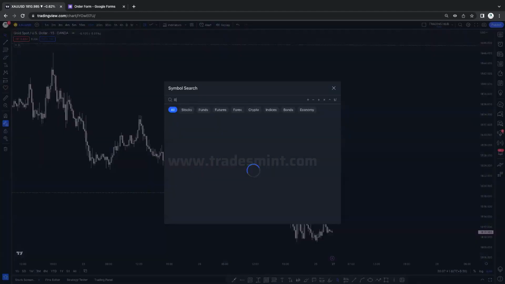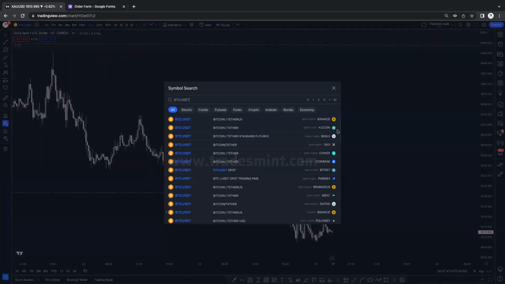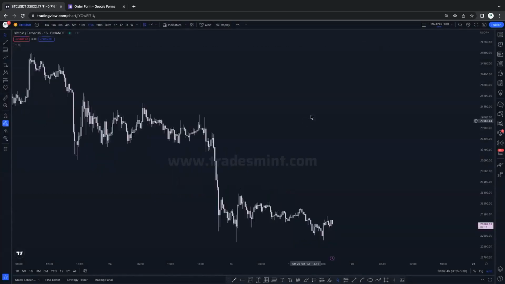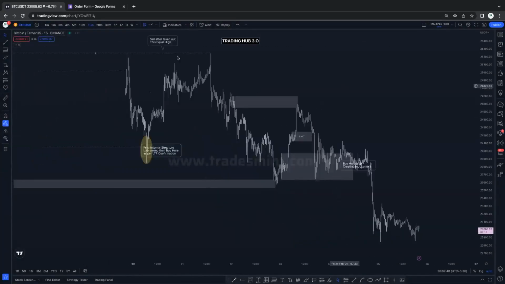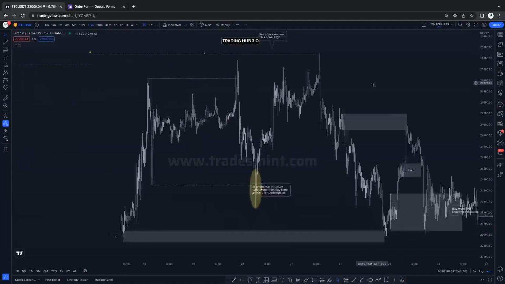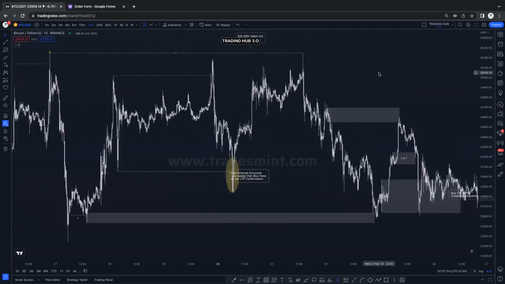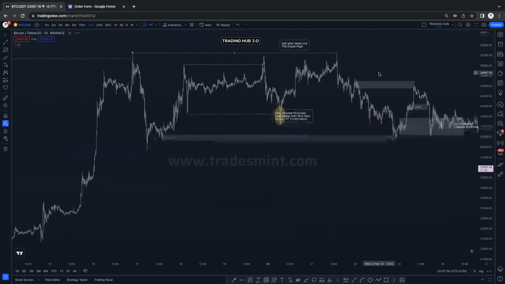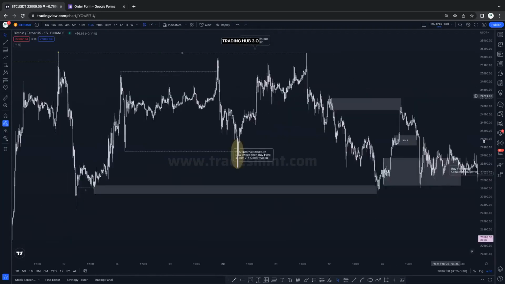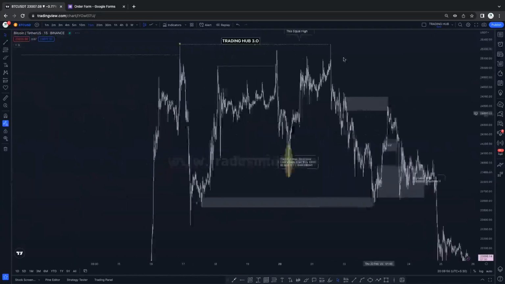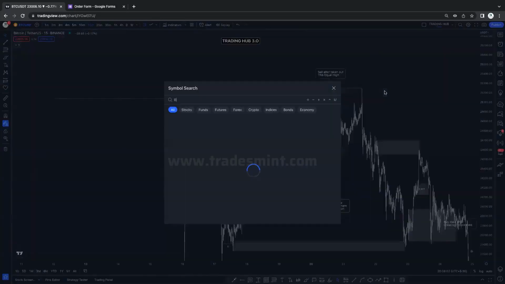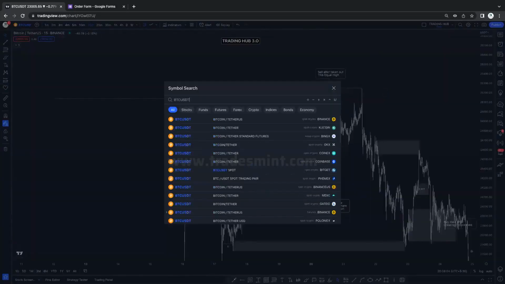Now let's see Bitcoin, BTC USDT. Okay, these are equal highs. Okay, in another broker, I think in Bitfinex USD.